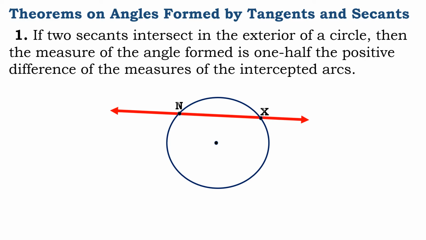In the given circle, line NX and line MY are two secants intersecting outside the circle at point P. Arc XY and arc MN are the two intercepted arcs of angle XPY. Let us now find the measure of angle XPY.